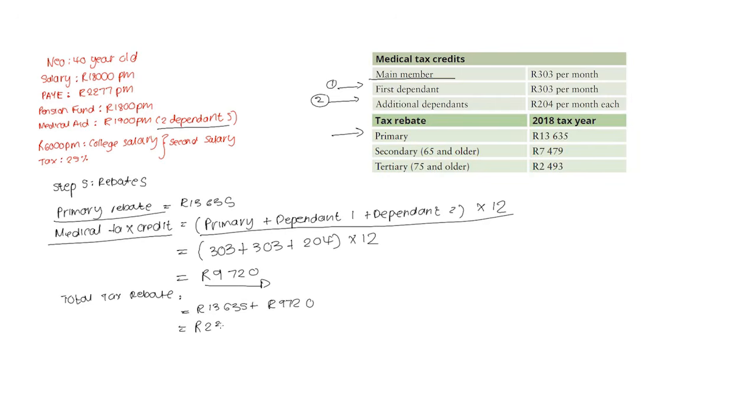And this gives us a final answer of 23,355 Rand. The last step involves calculating the tax that is due or the tax that is payable.